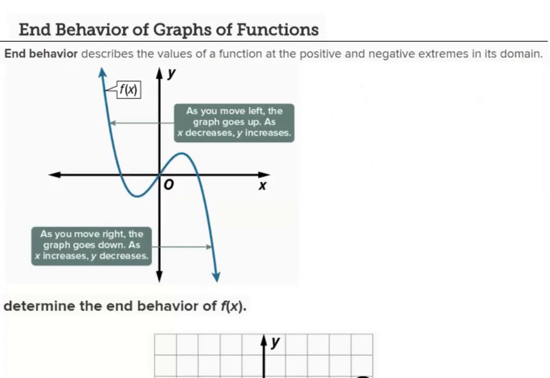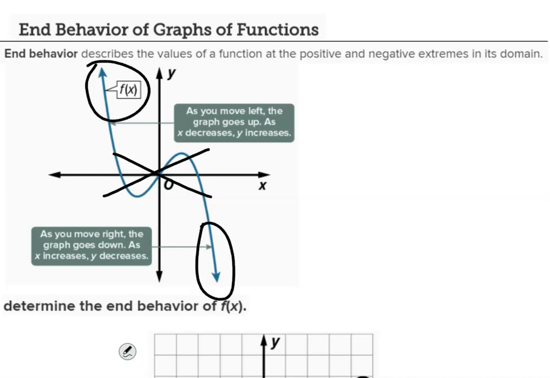And then moving on to end behavior. So end behavior can be a little bit tricky to talk about. And what we talk about is the end. Okay, so we're not talking about these. We're not really talking about the middle. We're talking about right here at the end as x increases and as x decreases.